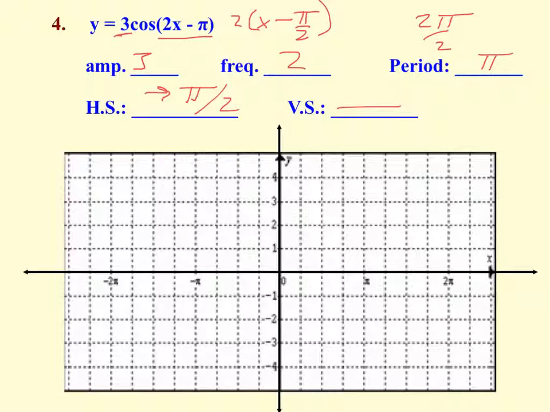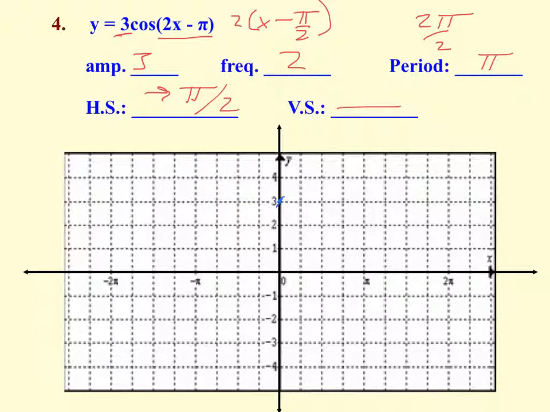So for the original function without that horizontal shift, we know with a cosine graph, remember, a cosine graph starts off at the top, at a peak.